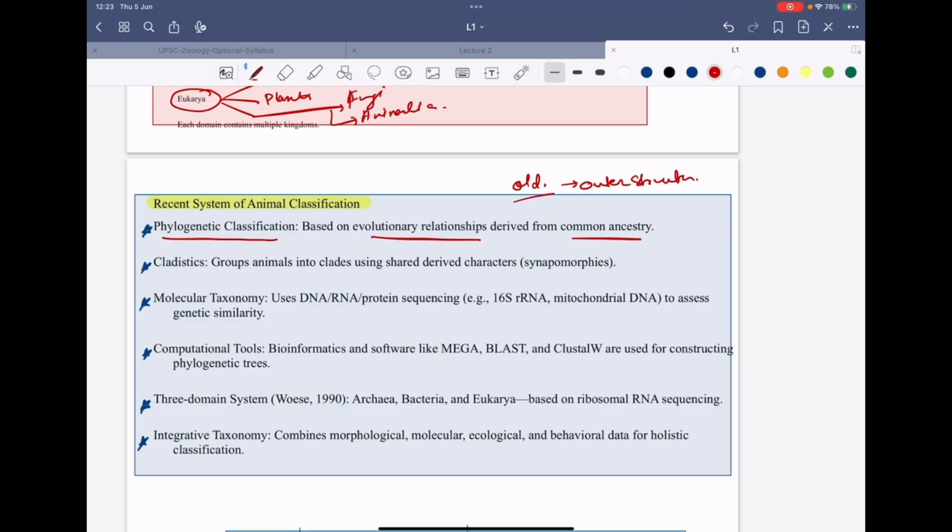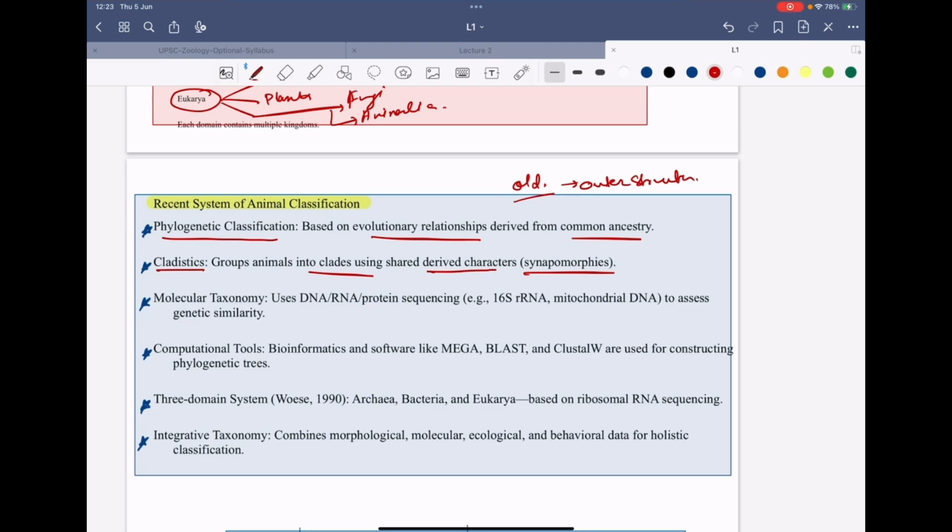Old system was based on the basis of outer structure. Now the recent system of classification consists of cladistics, which include the clades. The clades are those groups of animals which share common characters, share derived characters. One clade contains some common characters, so they have the synapomorphies.